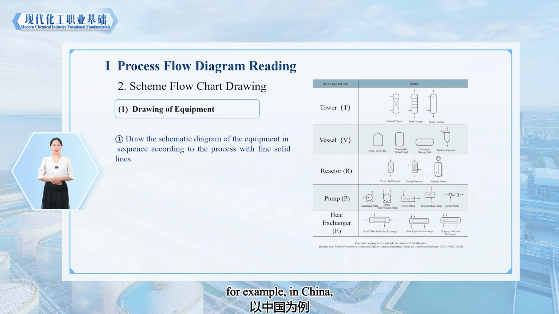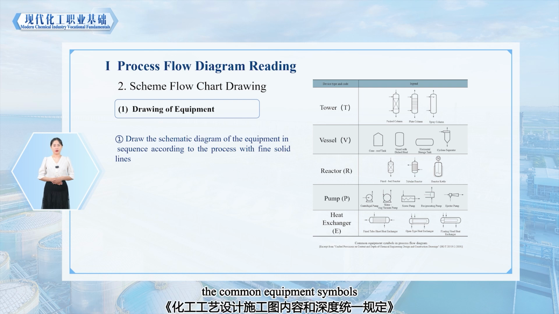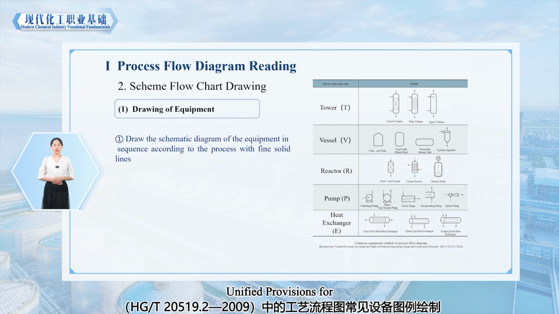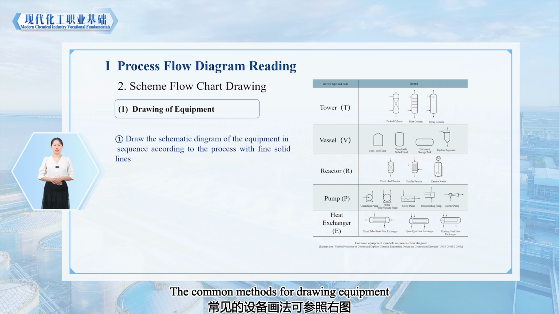For example, in China, one may refer to the common equipment symbols in process flow diagrams as specified in the standard unified provisions for the content and depth of chemical process design and construction drawings, HG/T 20519.2-2009. The common methods for drawing equipment can be referred to in the diagram on the right.